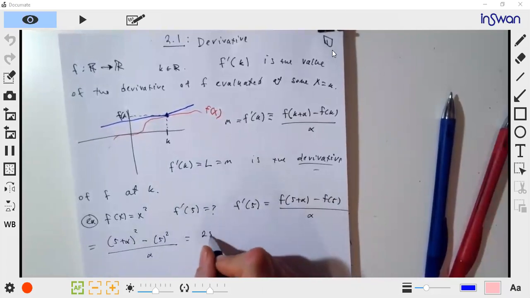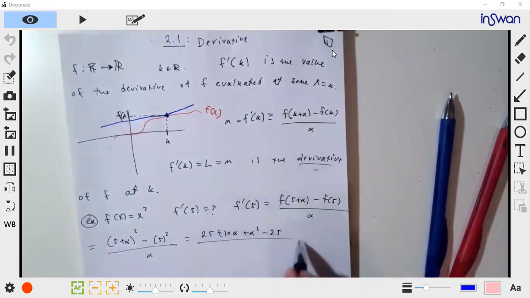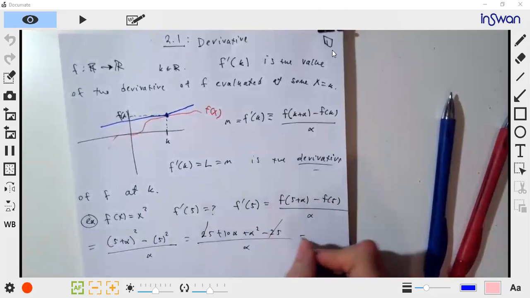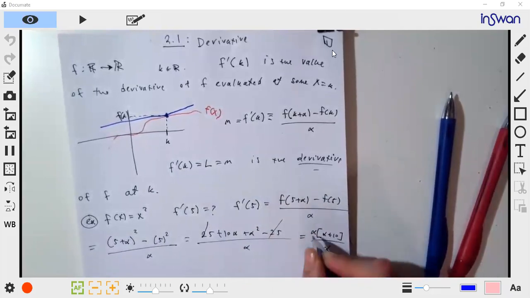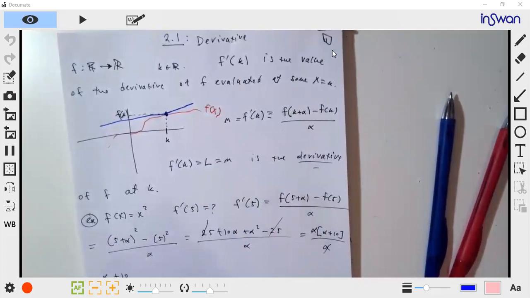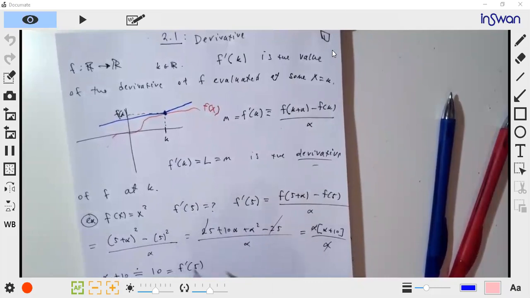This becomes 25 plus 10 alpha plus alpha squared minus 25 all over alpha. 25's cancel. We can factor out an alpha, so we get alpha plus 10 all over alpha. Cancel out the alphas, you get alpha plus 10, which renders the real result 10. So this is what our f prime of 5 is equal to, where our f of x is equal to x squared.